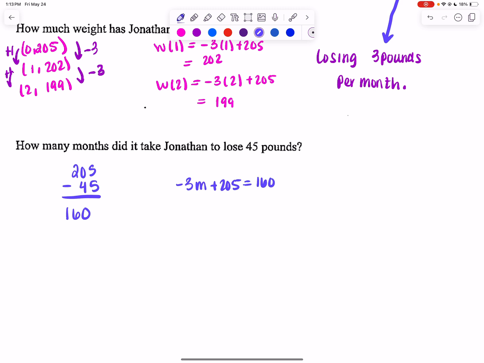So now we solve it. I'm going to try to get the negative 3m by itself, so I'm going to do minus 205 on both sides. And now I get negative 3m is equal to 160 minus 205, which is negative 45.